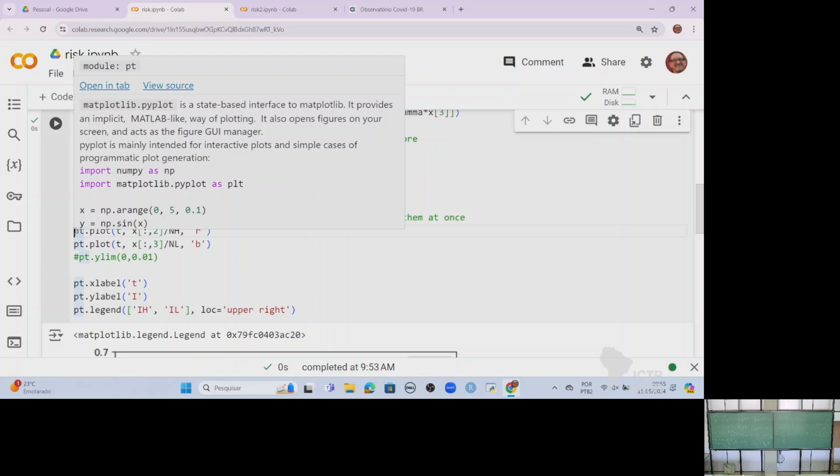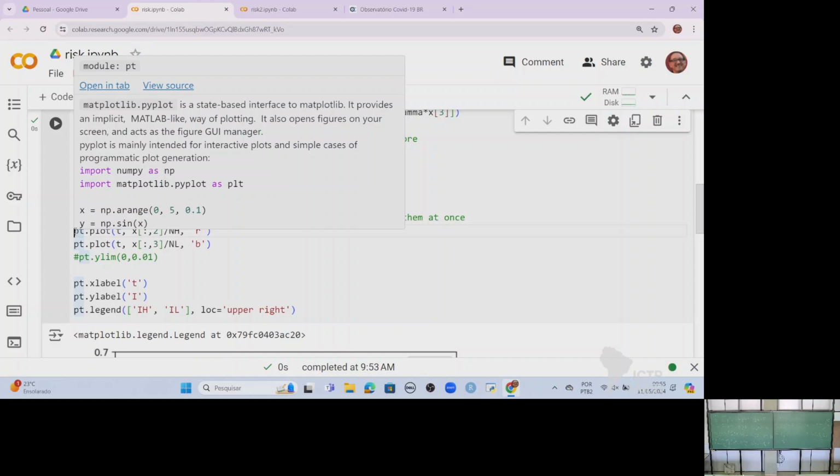Oh, but no, I commented completely. Okay, that's the low risk group. Here, don't pay attention to this legend. So it's very low prevalence, very low.